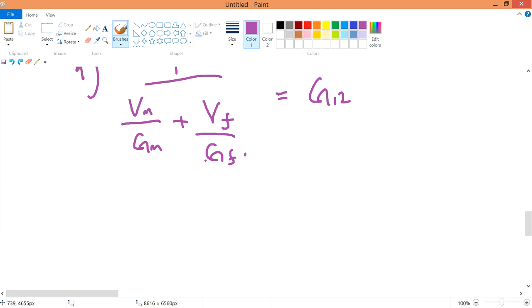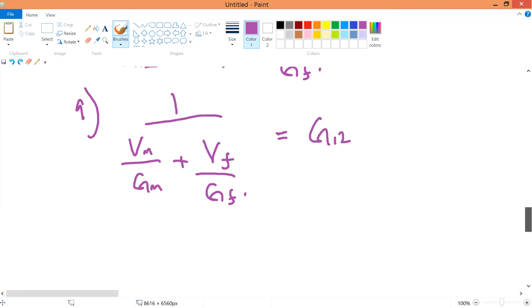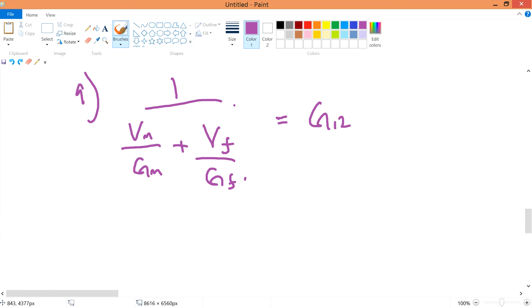If you find this a bit more complicated, I can simply rearrange this to make things easier for you to see. I'll simply multiply, maybe using a different color and a different size, GMGF divided by GMGF.